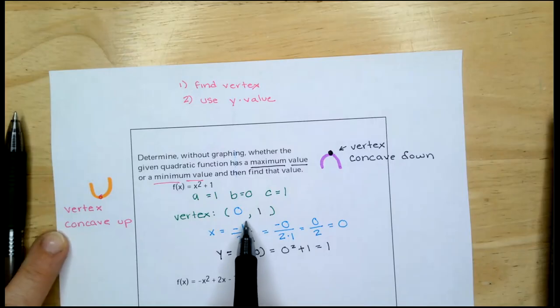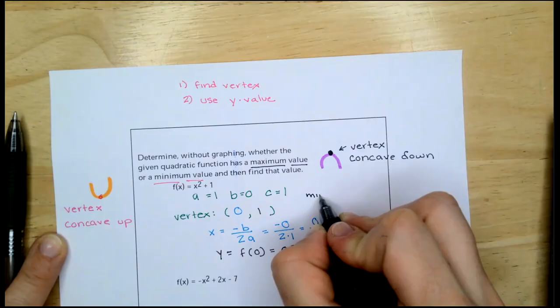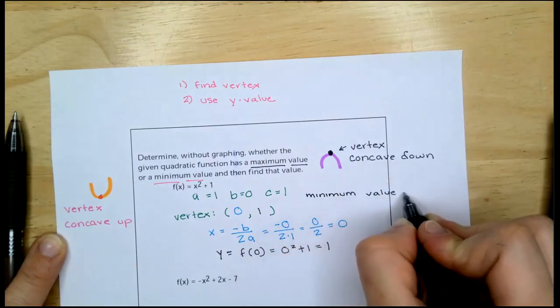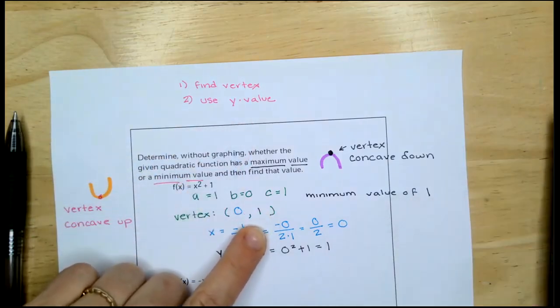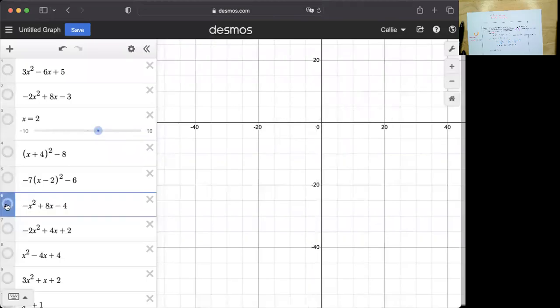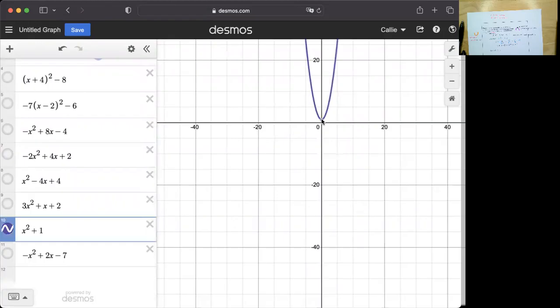If it's concave up, that means it has a minimum value of just the y, 1. Okay, as soon as you graph it, you will see that it's very easy to understand. So it was x squared plus 1. This has a minimum value of 1. As low as it will ever get on the y-axis is 1. So it's a minimum value of 1.